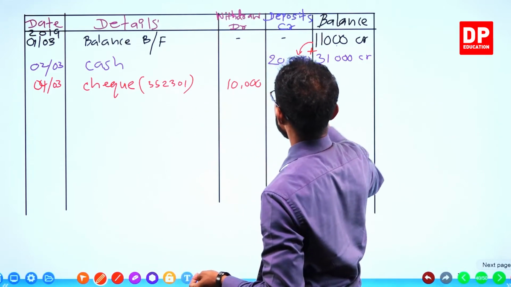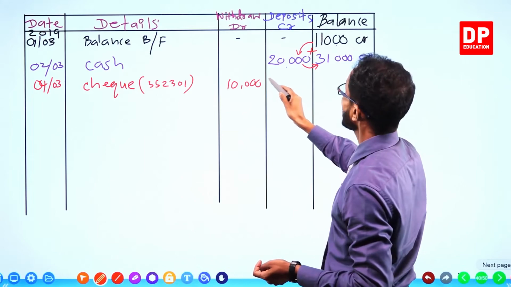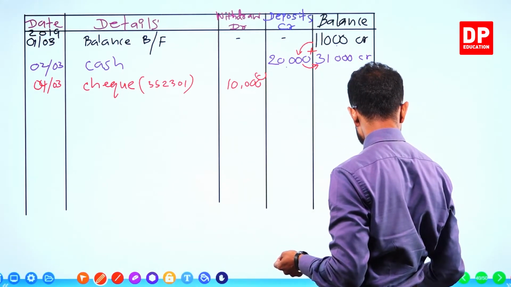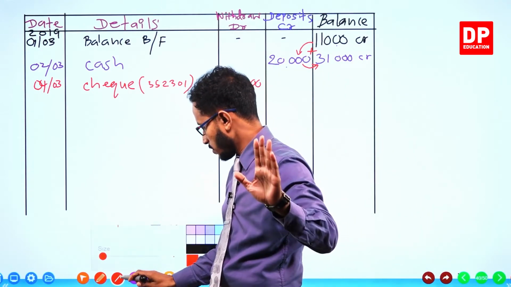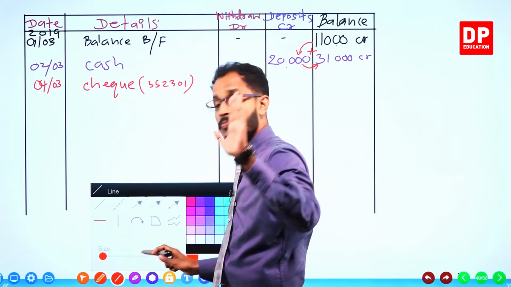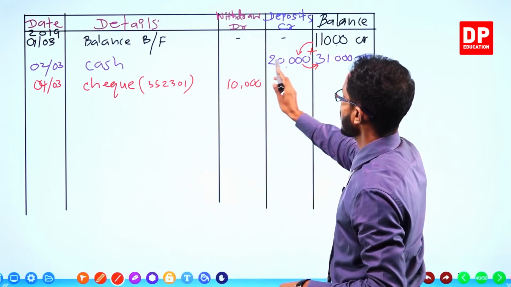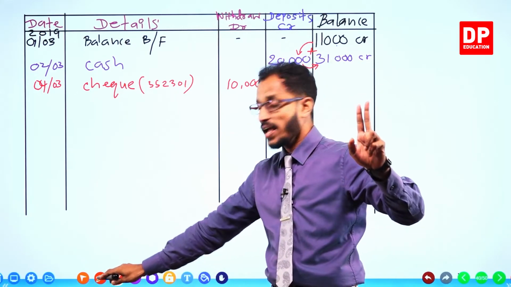Now, from this 31,000, this withdrawal gets subtracted. Do you understand or not? Tell me very clearly. Why is this 10,000 deducted from the 31,000?